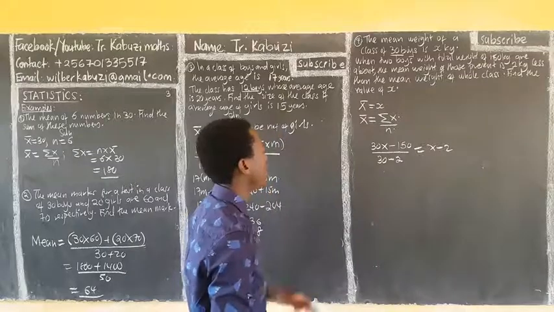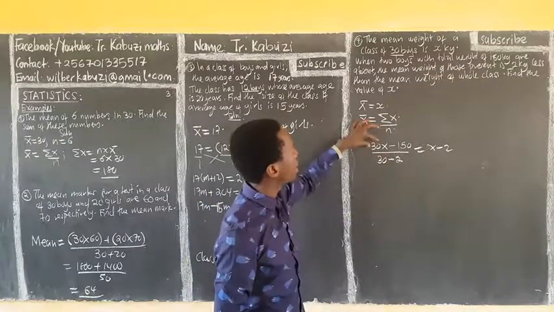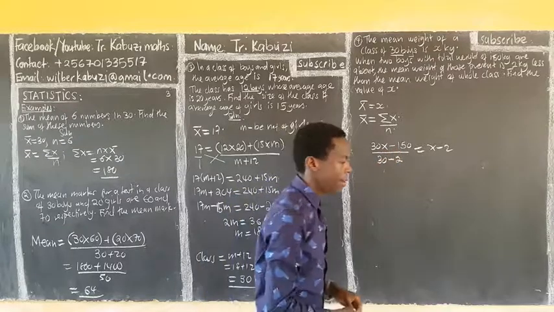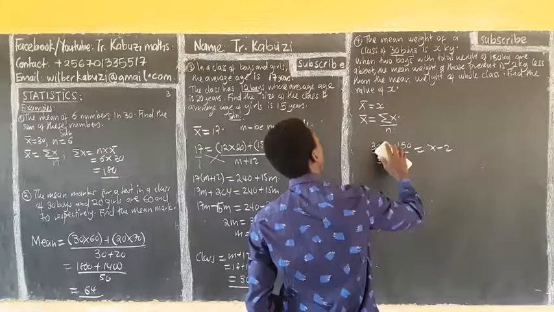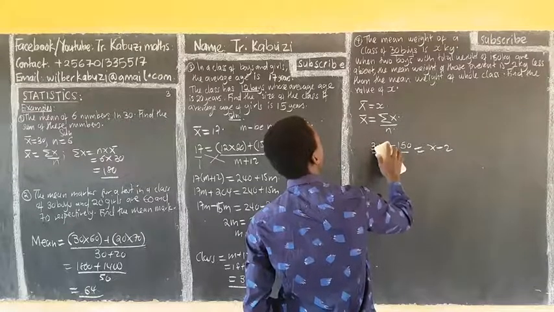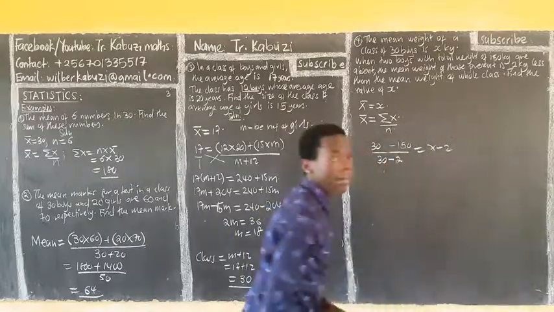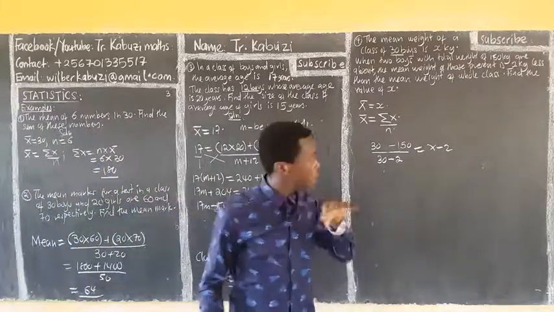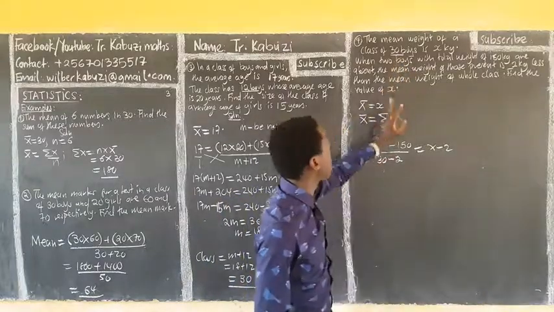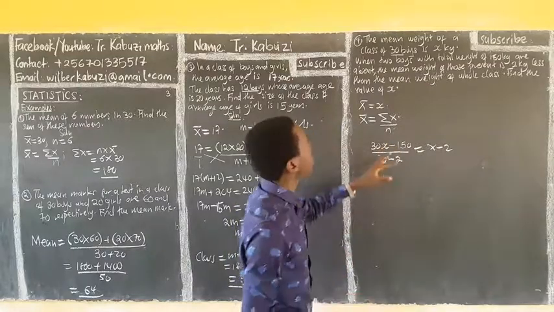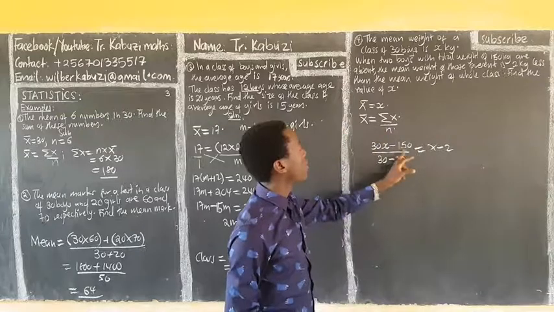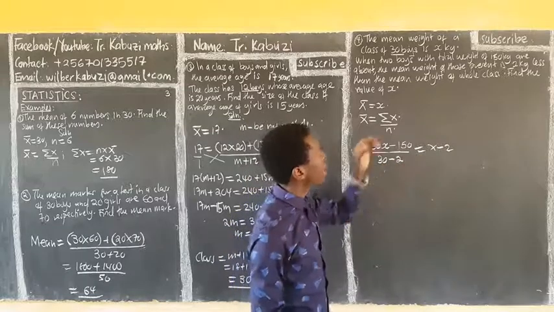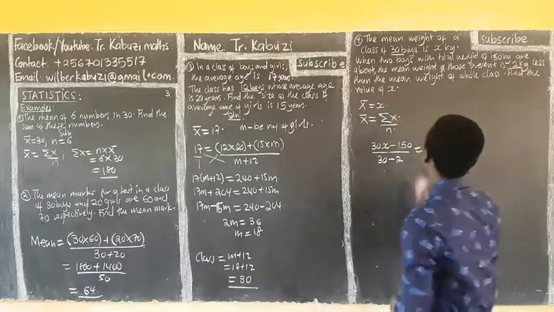Why am I subtracting 2 here? If I get the total, the 30 boys times their mean weight, which is x, then minus, they are telling us that if they remove the 2 boys of 150 kilograms, then the number is reduced by 2, and the weight is going to be 2 kilograms less. So that's how we handle this.